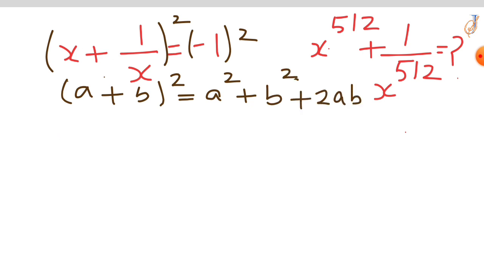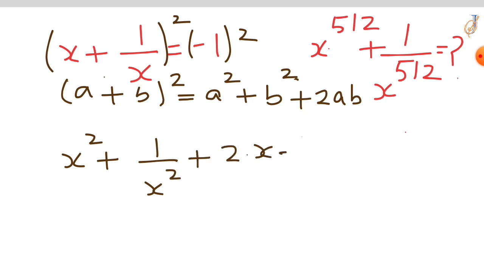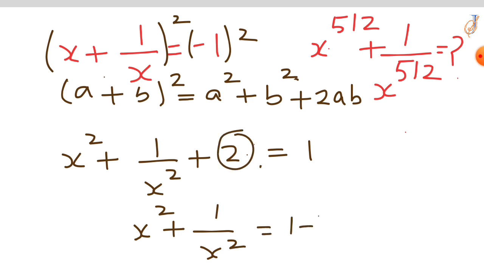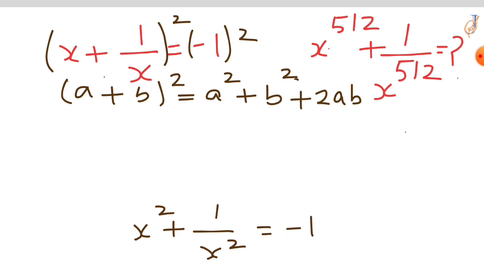So we get x power 2 plus 1 over x power 2 plus 2 times x times 1 over x. Here x and x cancel, so we are left with 2. The right hand side is minus 1 whole power 2, which is 1. So x power 2 plus 1 over x power 2 equals, sending the 2 to the right hand side, 1 minus 2, which is minus 1. So after squaring, x power 2 plus 1 over x power 2 is minus 1.